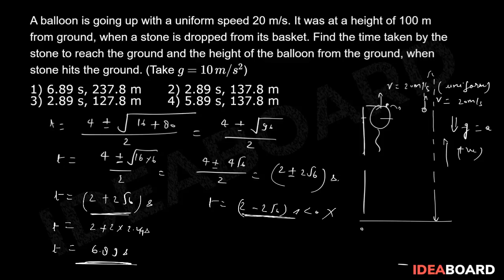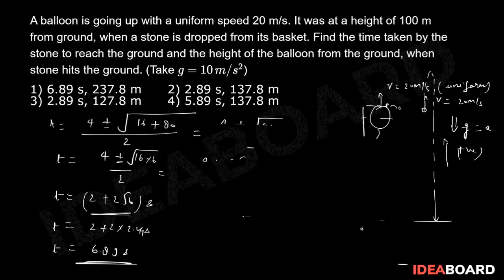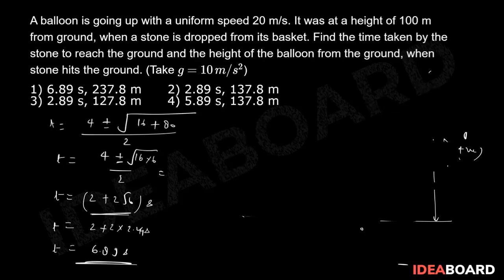So once you achieve the value of time t, now they are asking the height of the balloon from the ground. Already the balloon is 100 meter from the ground, so how much distance further will it cover? So let us see. This is our balloon.